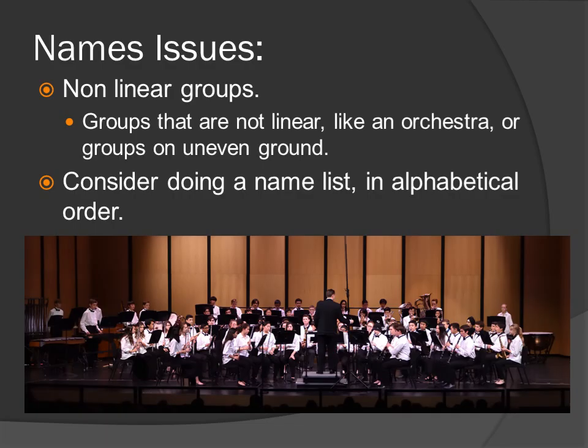And who do you have on the top, on the right and left side? The percussions. How do you put them in rows? So you can't do this one in rows very easily, or not at all. So consider doing a name list in alphabetical order. Then you don't have to deal with rows that just don't work.